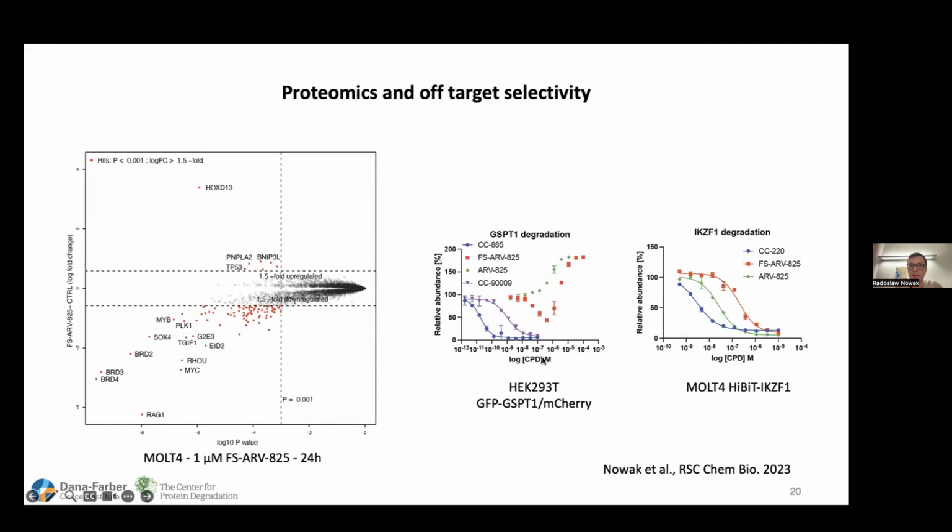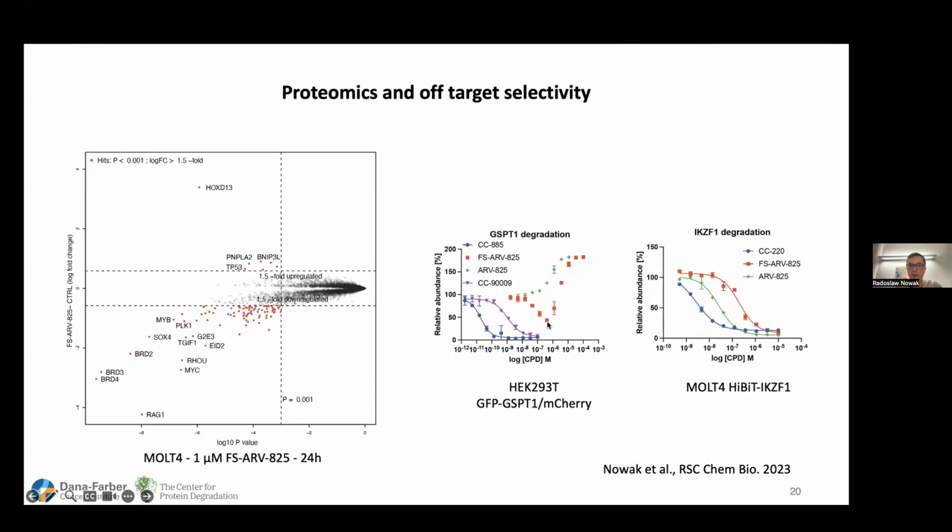We also looked at off-target selectivity of this molecule, and in this case, we compared it to known GSPT1 degraders in our ultrasensitive GSPT1-GFP fusion assay. So we see now CC-885 to be really a picomolar degrader here, and CC-90009 about a 1 nanomolar degrader.